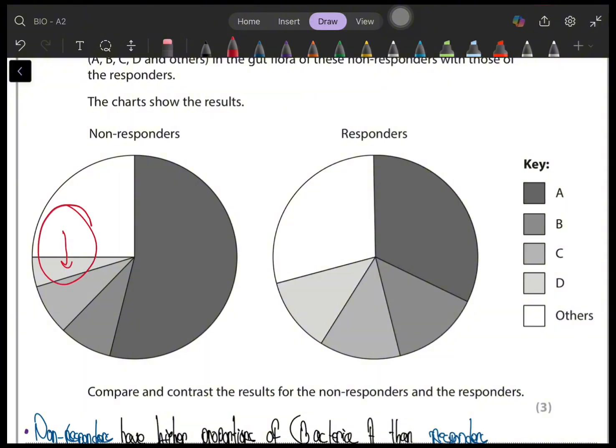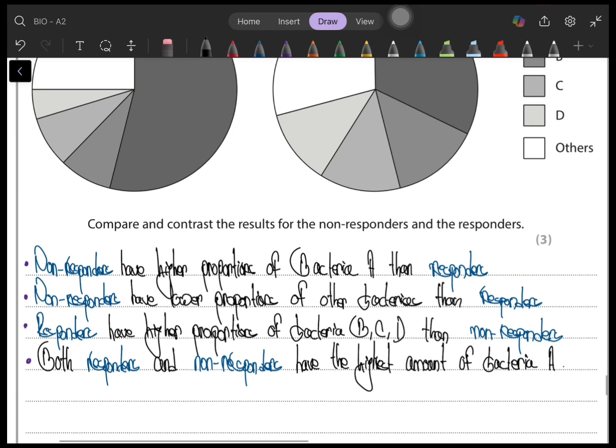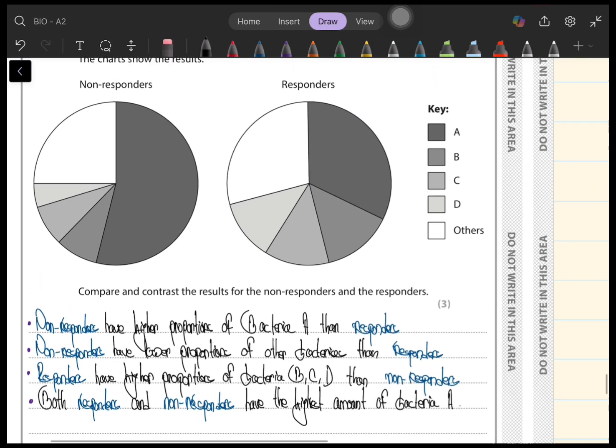Bacteria D is the lowest in non-responders. So non-responders have higher proportion of bacteria A than responders. Non-responders have lower proportion of other bacteria than responders. Responders have higher proportions of bacteria B, C, D than non-responders. And both responders and non-responders have the highest amount of bacteria A, right?